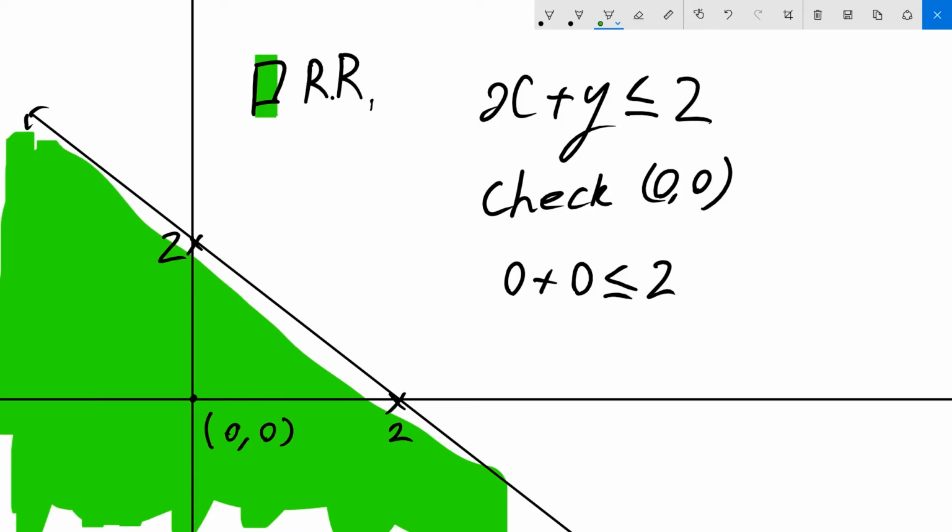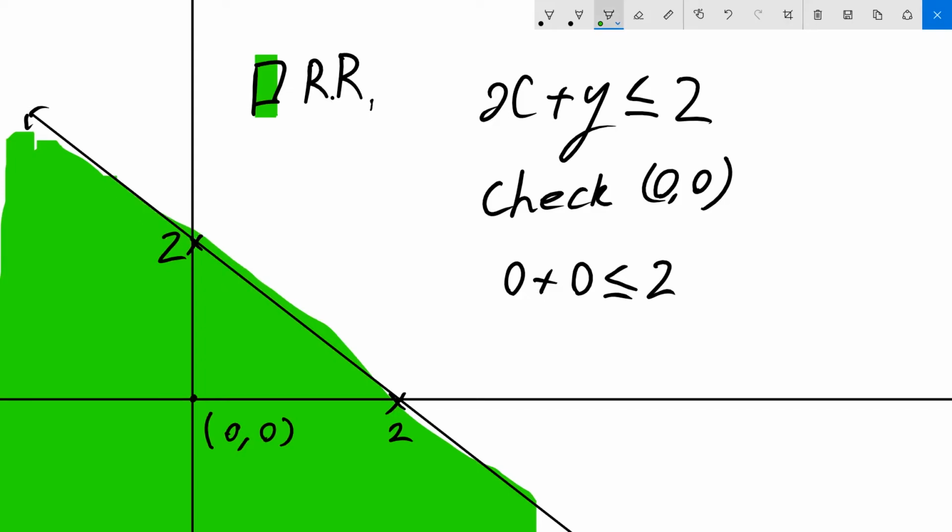So there's our region required for this particular inequality. We checked for 0, 0.